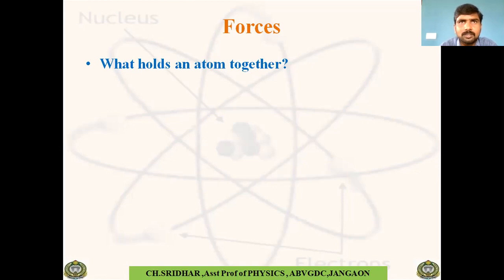But in spite of the repulsion between the protons, they exist together in a smaller volume. That means some sort of force must be responsible for that smaller volume of the nucleus.